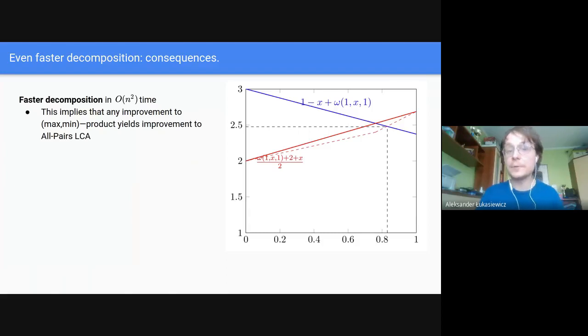Inside the paper, we actually show an even faster decomposition that runs in n squared time. And this implies that any improvement to max-min product allows us to compute this chain part faster. And this actually yields an improvement to the All-Pairs LCA problem.